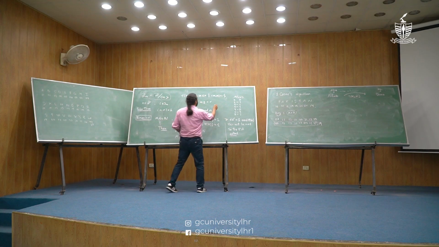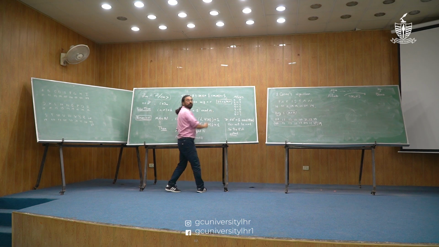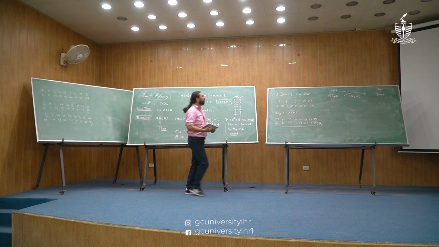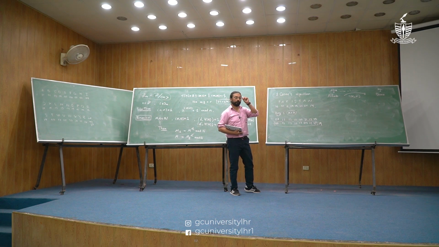And r is between 0 and m minus 1. And then the representative will be r. Okay? This is how you get the number that goes in this second line. Good.